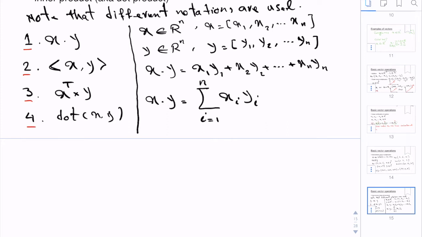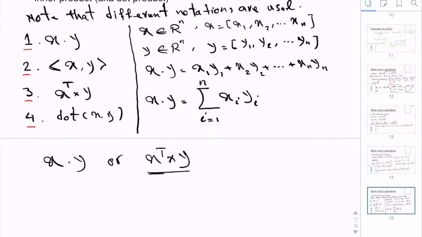One of the sources of confusion is when we have the X transpose Y notation for inner product. If we define a vector as a matrix, then this represents an inner product.